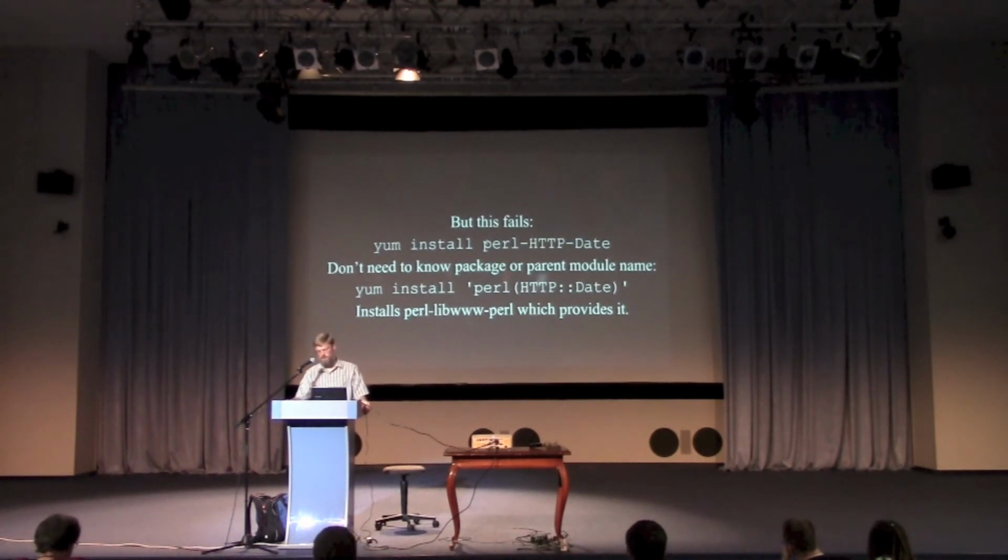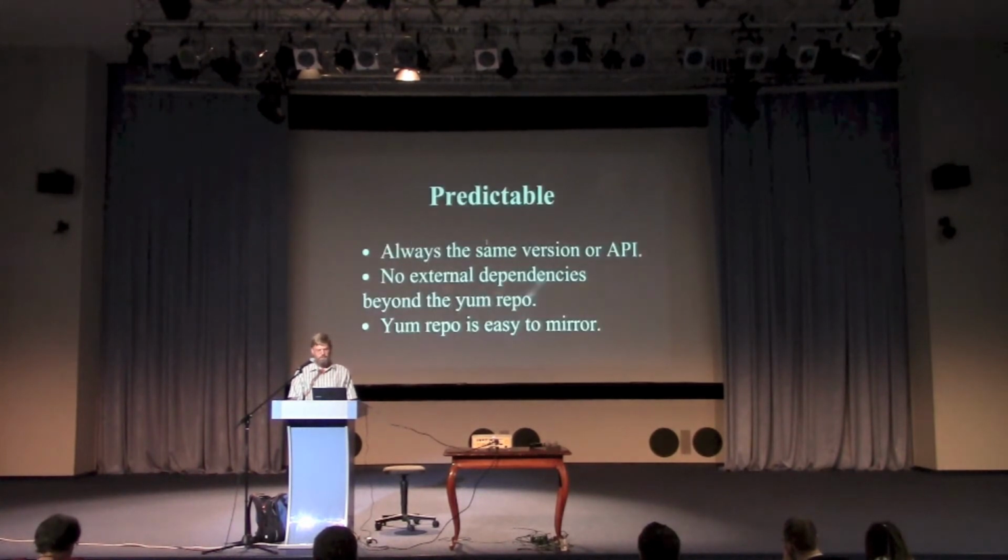And if you get in the habit of using the dependency name, you don't have to figure out what RPM that module is part of. You can just say, I want http date, and yum goes and finds the RPM that has that and installs it.